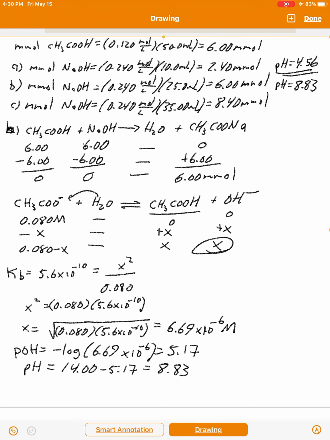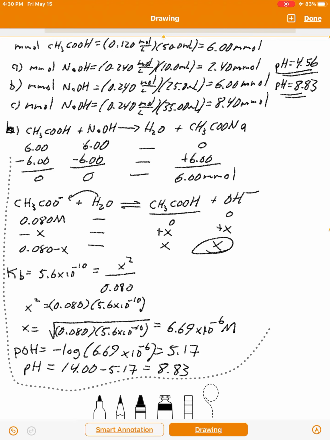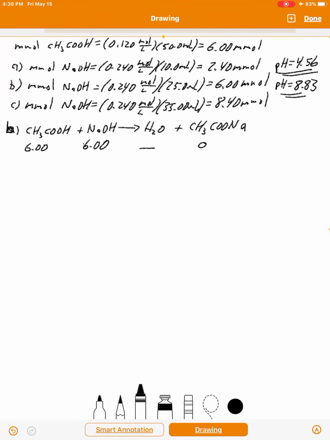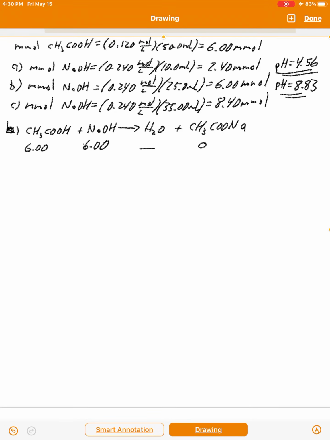Okay, so we got two of them. We just have one more to do. So let's go ahead and clear all of this out here. Okay, so now the sodium hydroxide is no longer 6 millimoles.